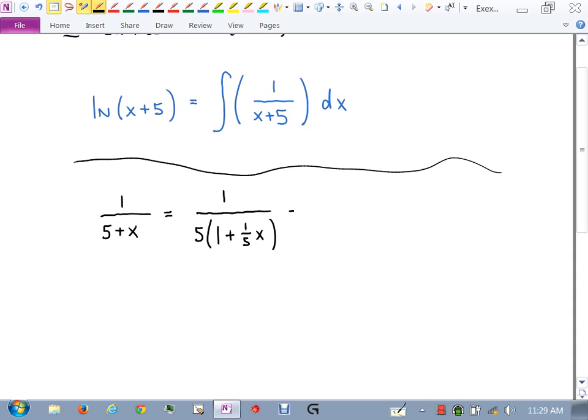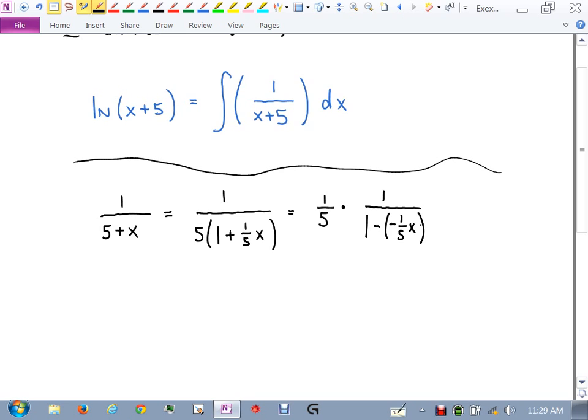So here's what I've got. I've got 1/5 times 1 over. Now I need to change that 1 plus 1/5 x into subtraction, so it'll become 1 minus negative 1/5 x. We all good with this? So I've changed this into this to try and get it to look like 1 over 1 minus u.